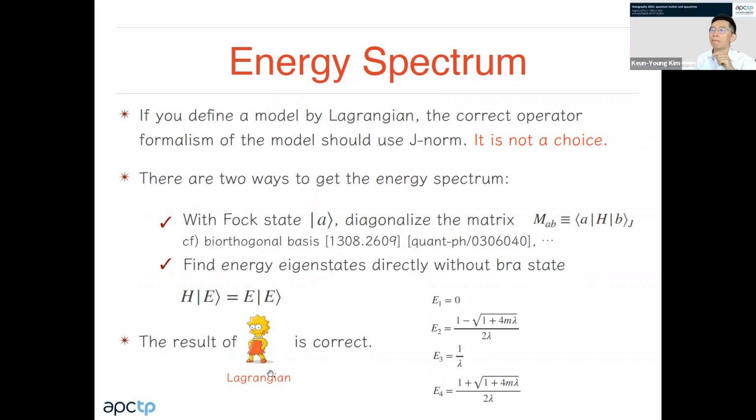Then you find that the result of Lisa is correct. Lisa calculated the energy spectrum purely from the path integral. It's quadratic, so you can easily integrate this path integral. These two methods give this energy spectrum, consistent with the Lagrangian.